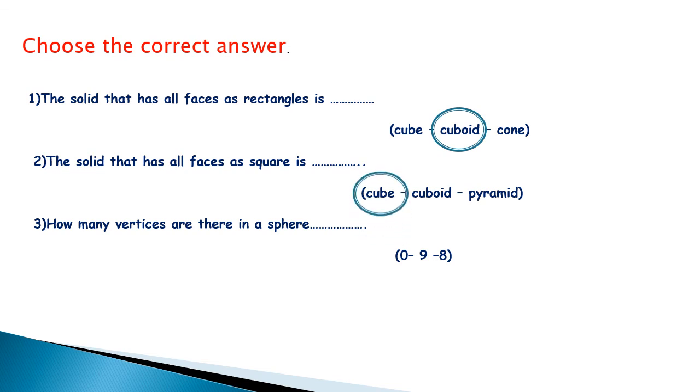Yes, it's a cube. The third question: how many vertices are there in a sphere? How many corners or vertices? Yes, it's 0 vertices.